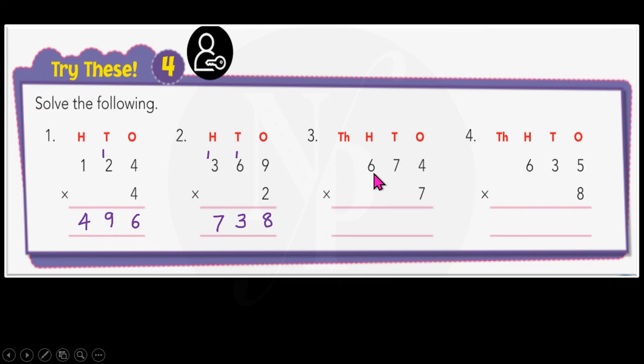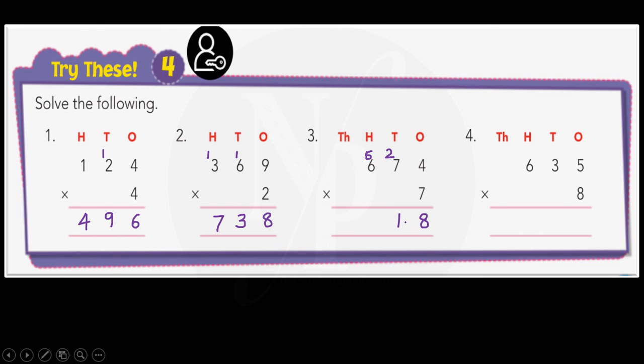Question number 3. 674 into 7. 7 fours are 28. 28 ones are regrouped as 2 tens and 8 ones. So we write 8 in ones column. And 7 multiplied by 7. 7 sevens are 49. 49 plus 2 is 51. 51 tens are regrouped as 5 hundreds and 1 ten.